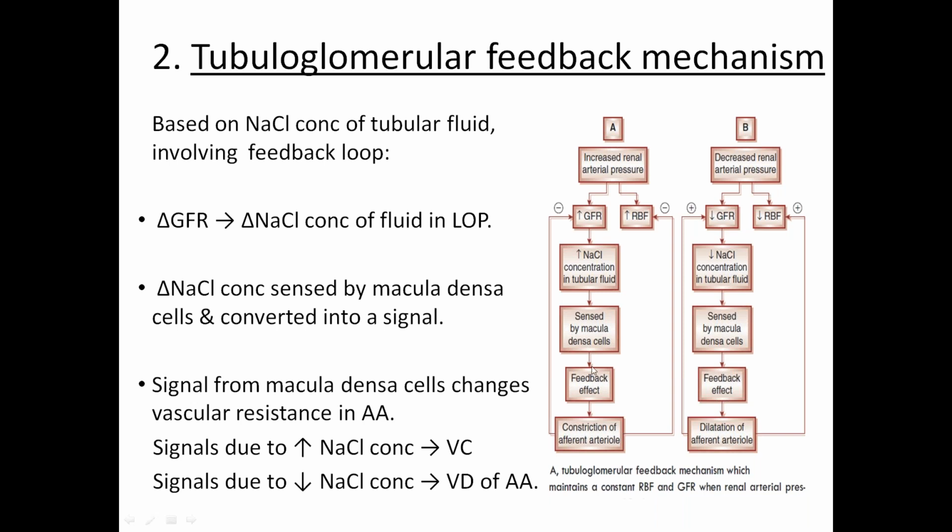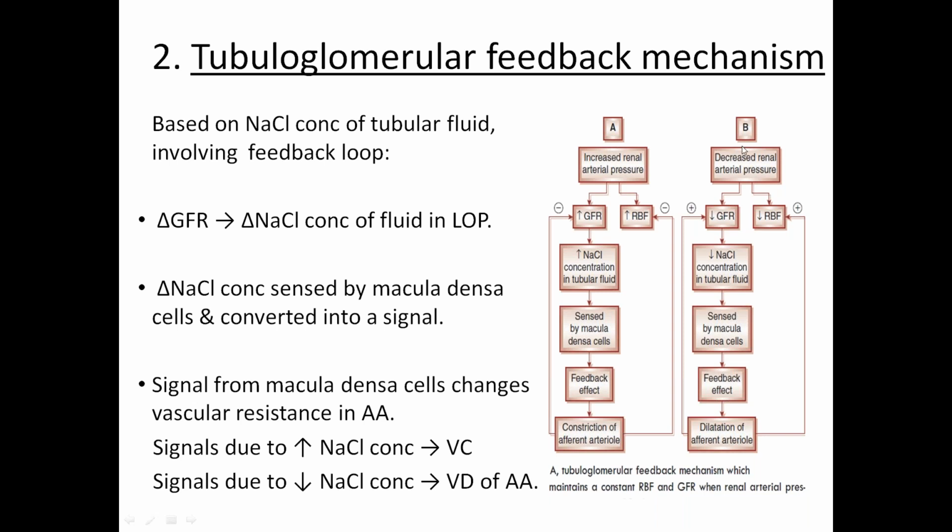They give a feedback signal, and there is constriction of the afferent arteriole. So this whole feedback system is formed, and this will prevent some major change in your GFR and RBF value, so keeping it constant in case of increased pressure.